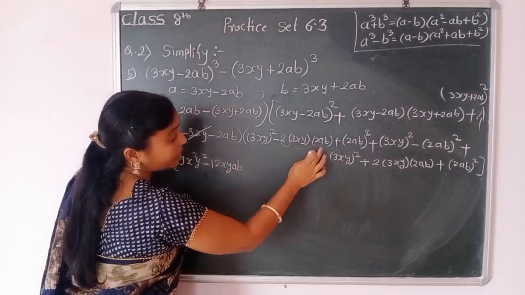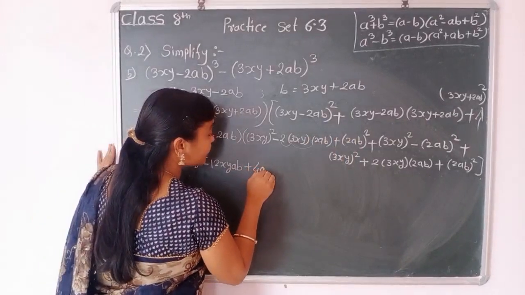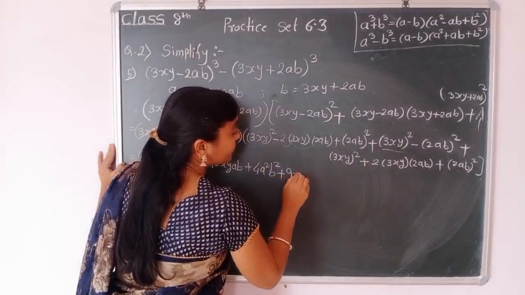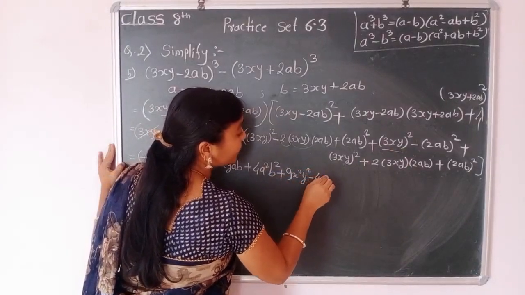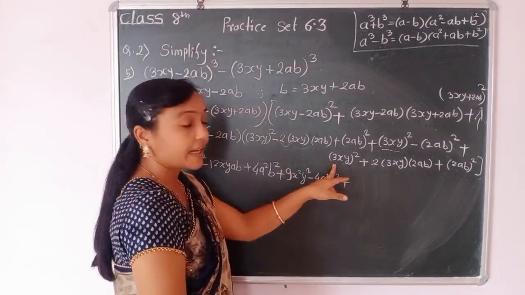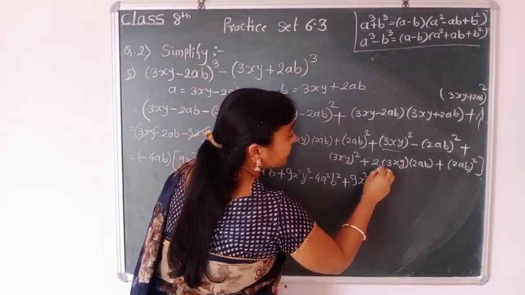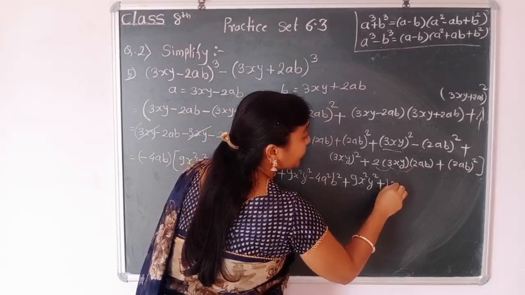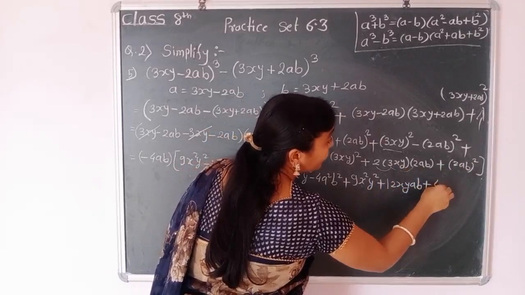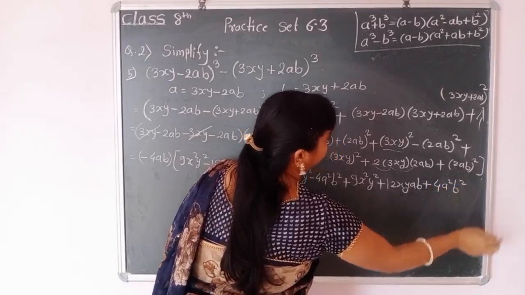All these variables plus (twice ab) bracket square means 4a square b square, plus 9x square y square minus 4a square b square plus (3xy) bracket square, 9x square y square, plus 3 into 2, 6, 6 into 2, 12xyab plus 4a square b square.